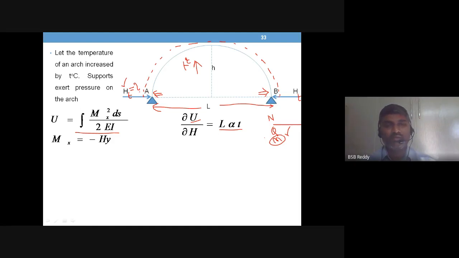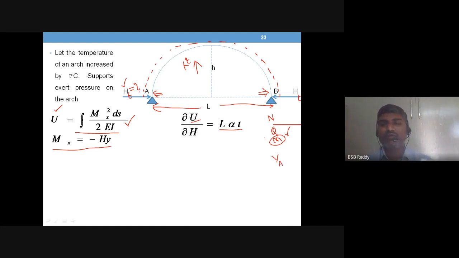So the strain energy due to moment, we already have the expression from the strain energy chapter: integral Mx square ds by 2EI. So what is Mx there? Remember, this is only due to temperature change, not because of the gravity loads. If you have only temperature change and no loads at all, what are VA and VB values?